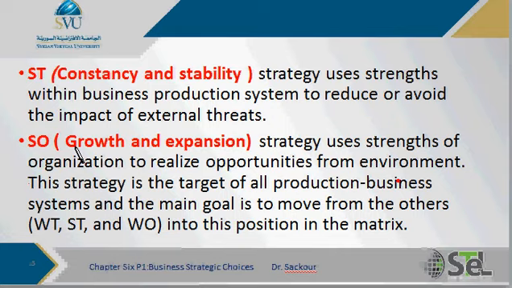In case we have strengths and opportunities, we are in a very good position. The strategy uses the strengths of the organization to realize opportunities from the environment. This is the target of all production business systems, and the main goal is to move from the others into this position. This is the best position which we have.